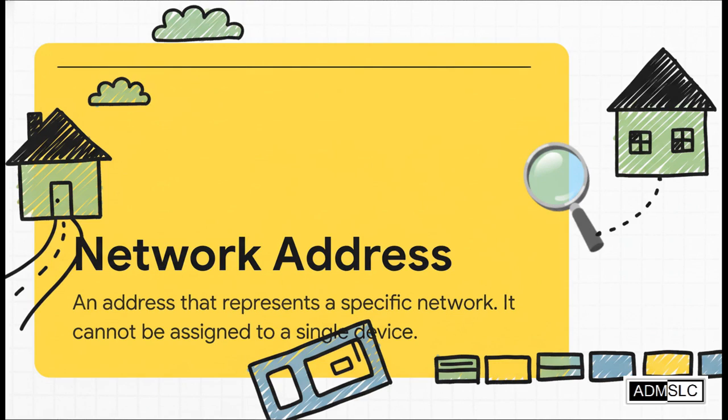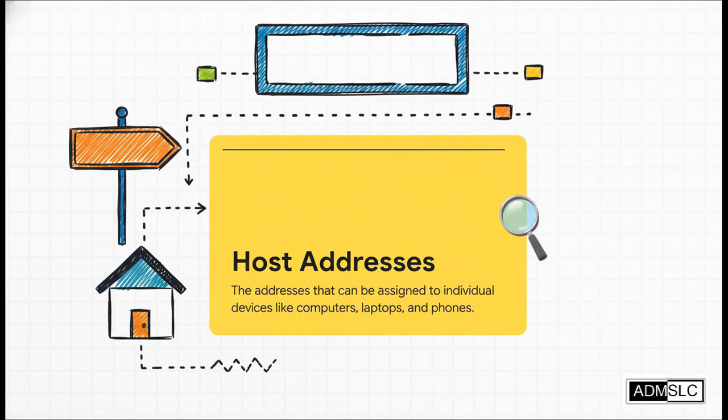Okay, so first up, you've got the network address itself. This is the one we just calculated. It's the starting point, and it represents the entire network. You can't actually assign this address to a single device because it's talking about the whole street, not one specific house. Second, we have the host addresses. Now, these are the ones we can actually use. These are the individual house numbers on our street.